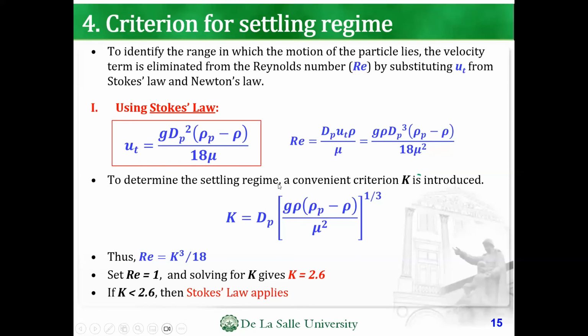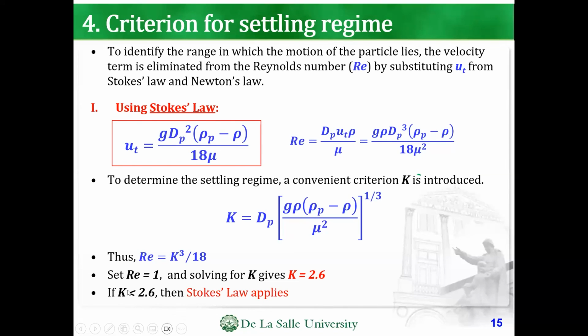To determine the settling regime, a convenient criterion K is introduced. So it's this one. K would have the formula dP times the cube root of g, rho of the fluid, times rho of the particle minus rho of the fluid, all over mu of the fluid squared. And this term is raised to 1/3.